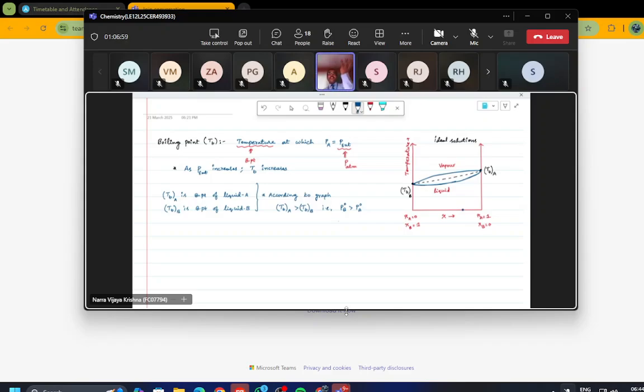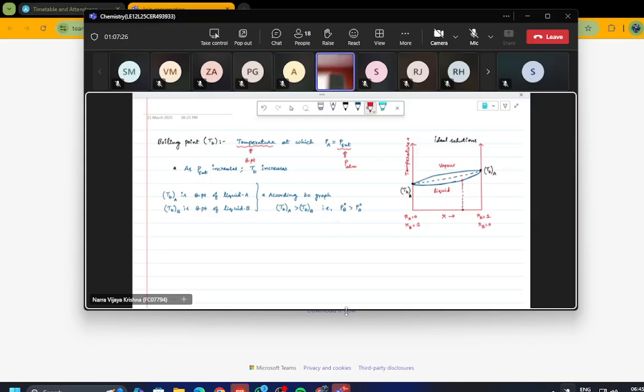Now I keep on increasing the temperature of the solution till I reach this point. Till I reach this point, the solution exists in the liquid phase only. After reaching this point, that liquid will start converting into vapor.